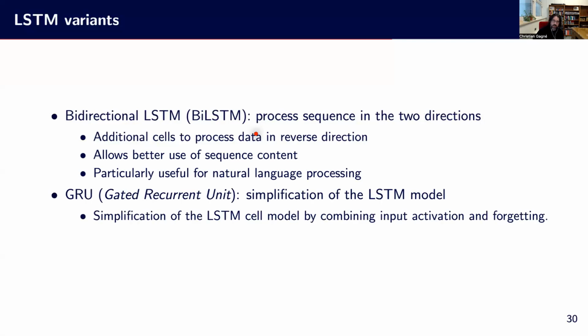Another variant, which is going the other way around, is a GRU, which is a simplification of unidirectional LSTM. So basically, it is combining the input activation with the forgetting. So this more simplified model is useful. It is making a different trade-off between complexity and performance, because LSTM are known to be relatively complex.